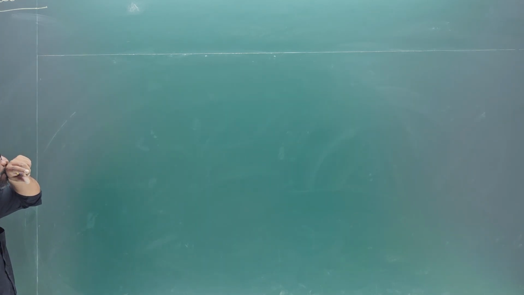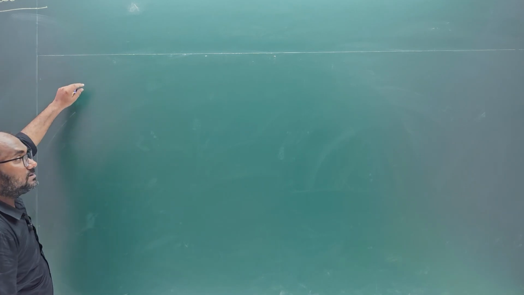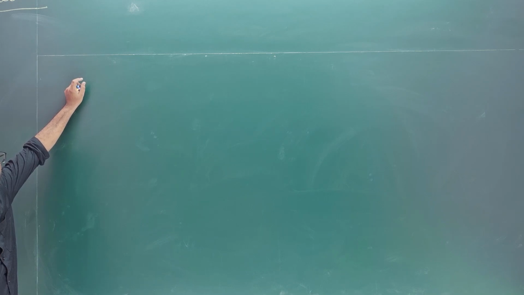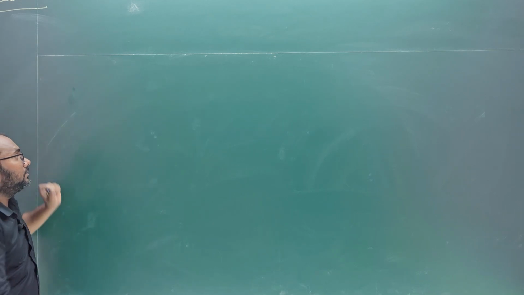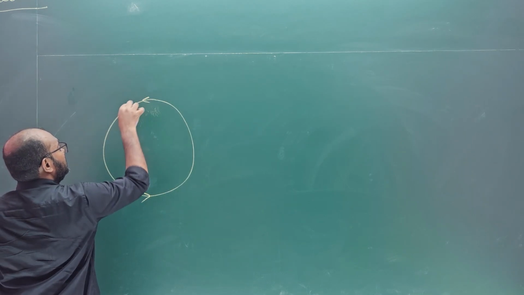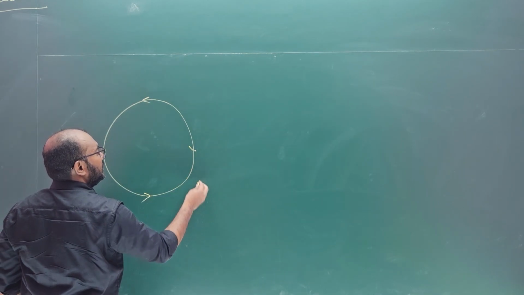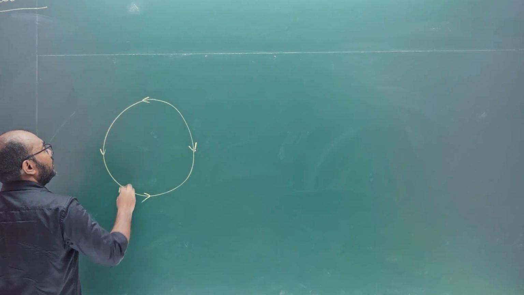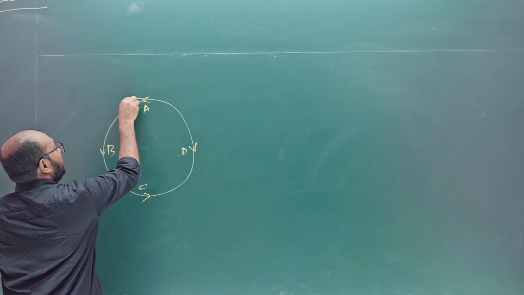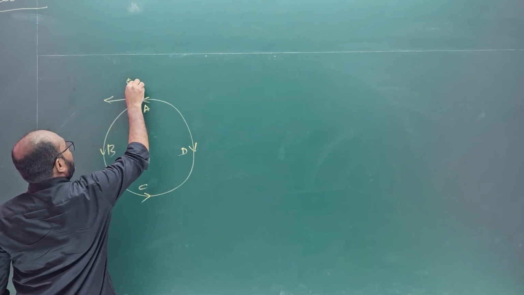Now listen to me. If acceleration is a vector quantity and it has both magnitude as well as direction, that means both magnitude and direction can change. Here are 4 points: let this be A, this is your B, C and this is your D. At A, the body is moving with 5 meter per second.